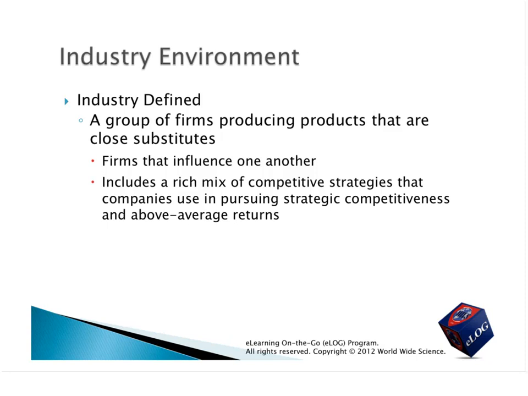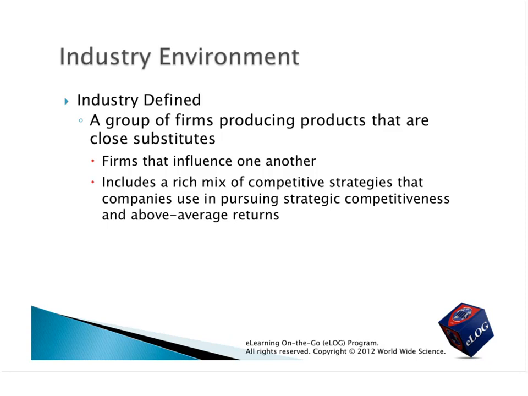A group of firms producing products that are close substitutes, firms that influence one another. There are firms that influence each other. So you cannot just say, okay, I'm this company, I'm producing my thing, and I do my thing, and I don't care about other companies. That's not the way it's done. Other companies, the way they do business, it affects yours and vice versa.